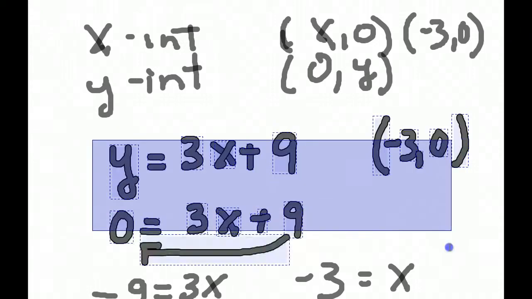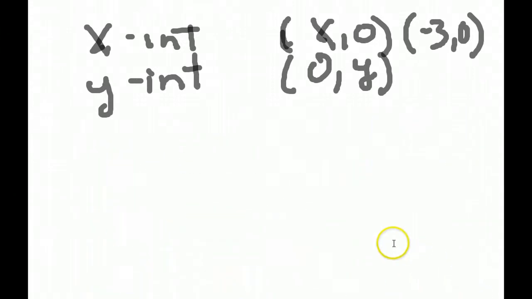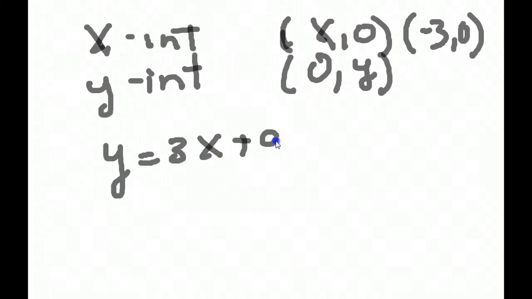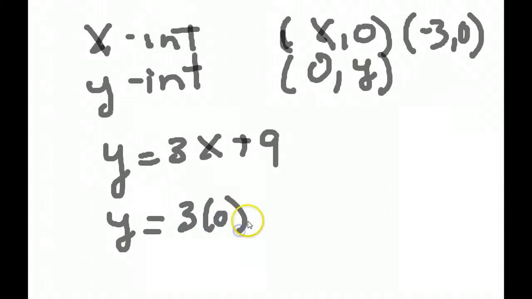Now let's look at our y-intercept. So we do the exact opposite of what we just did. We put the 0 in for our x. So if we have y equals 3x plus 9, we have to put a 0 in for our x. So we get y equals 3 times 0, plus 9.